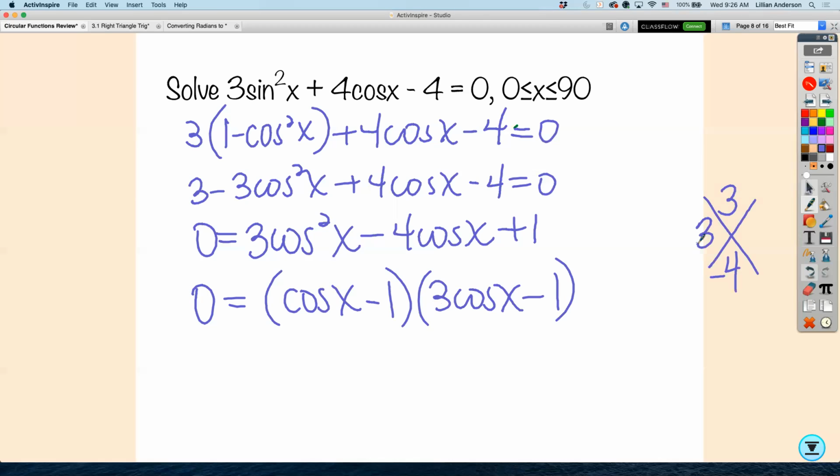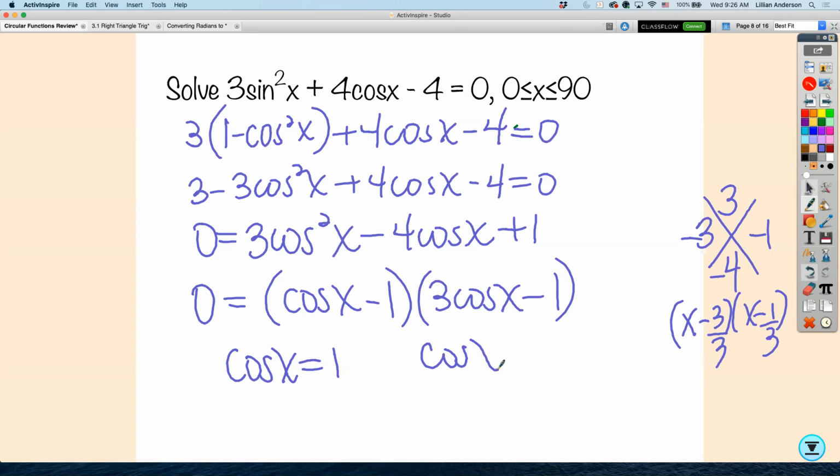That is -3 and -1. Then we divide by 3, and that's how we end up with cosine x minus 1 and 3 cosine x minus 1. So that means cosine x is going to equal 1 and cosine x is going to equal 1/3.